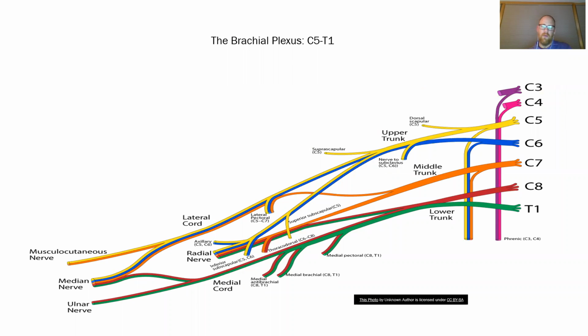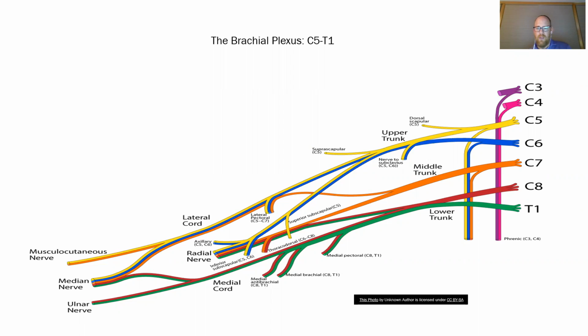Anytime we talk about the brachial plexus, as we mentioned earlier in class, we're talking about nerve roots C5 through T1. That is what classically makes up the brachial plexus. There are some exceptions to that, some anatomical variations, which we're going to touch on extremely briefly later in the PowerPoint. But ultimately C5 through T1 is what we're talking about.